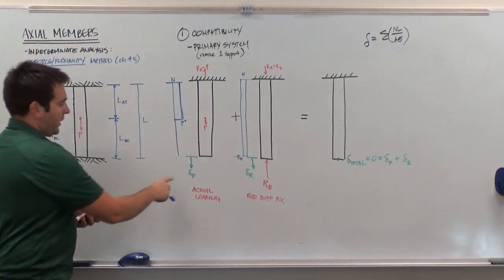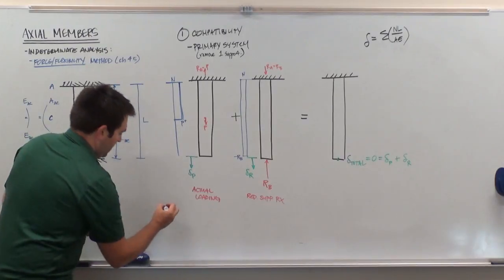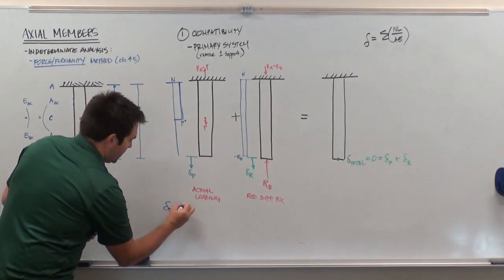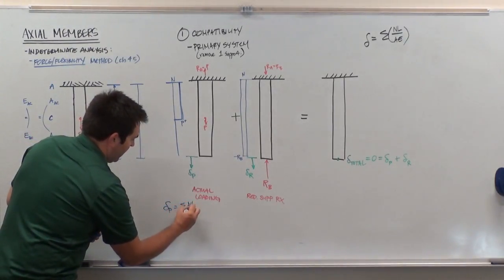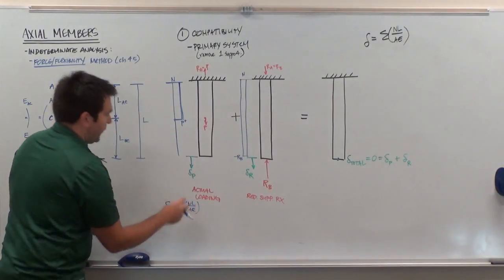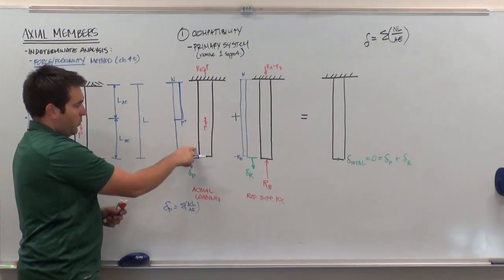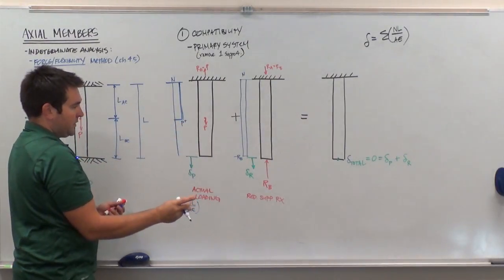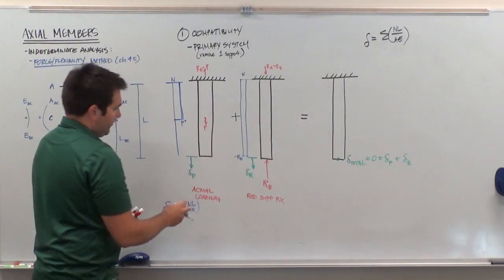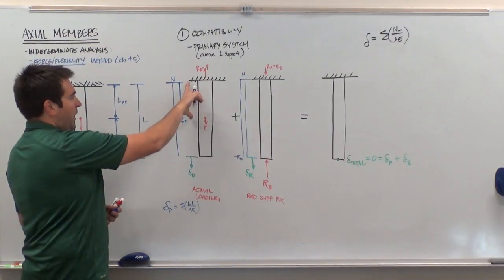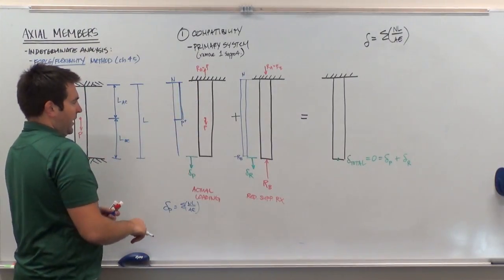If I want to calculate delta P, it's just equal to the summation of NL over AE for each of these sections. Down here, there's no normal force, so that's going to be equal to 0 for member BC. For member AC, it's NL over AE.